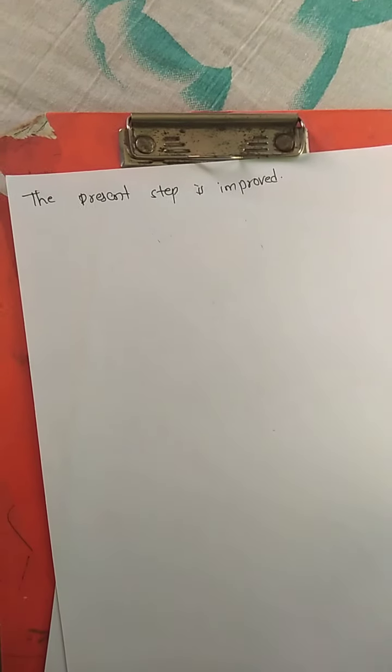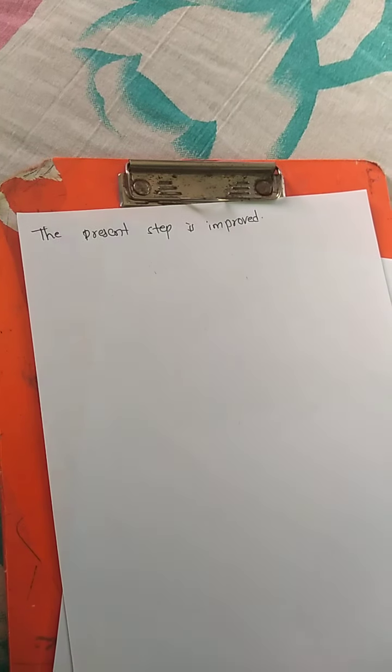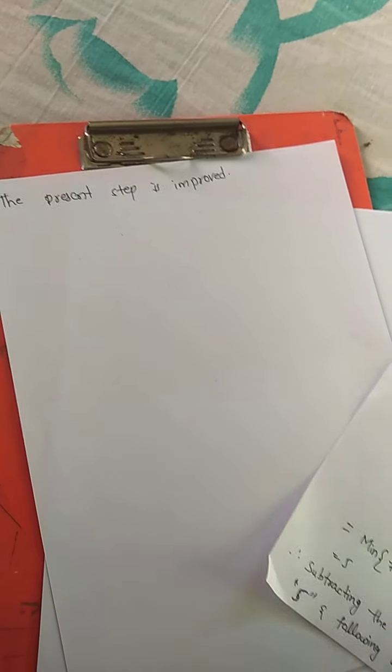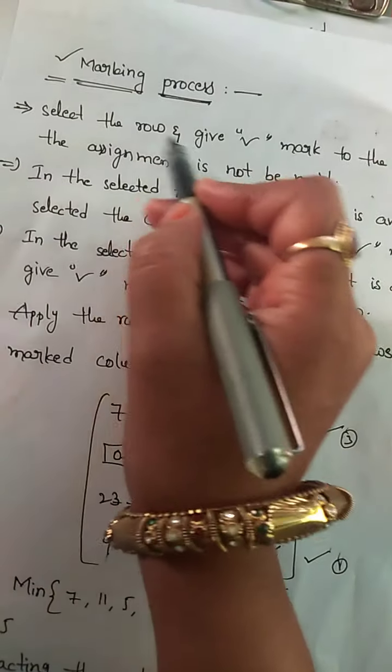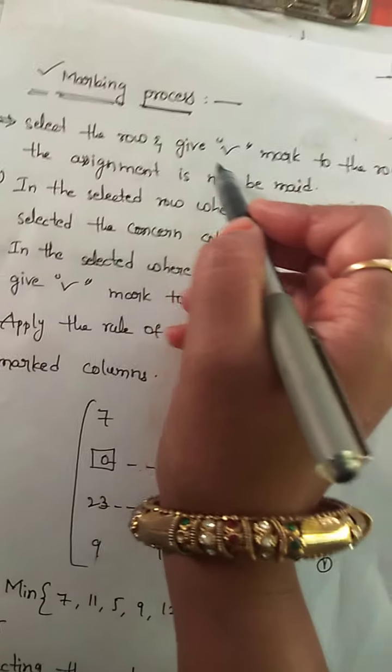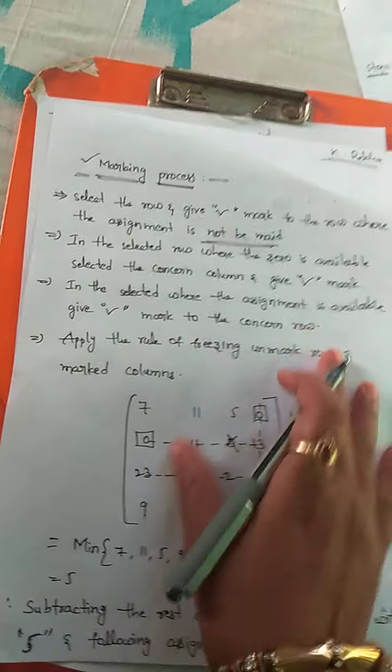So for that reason we are using the tick marking process. Tick marking process means: select the row and give a tick mark to the row where the assignment is not made. That is the first one.